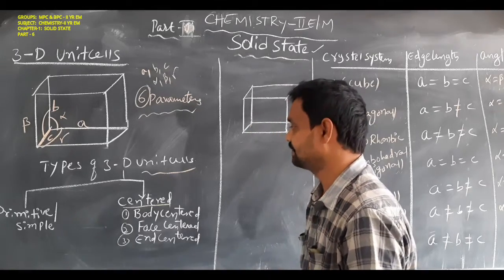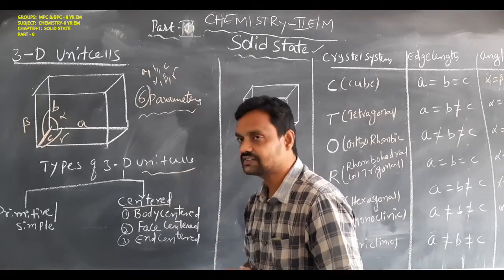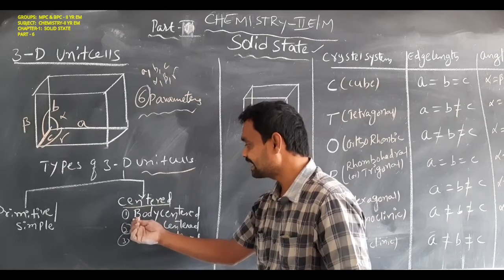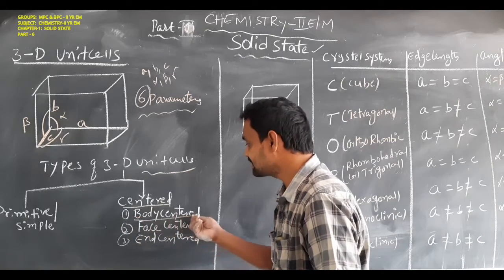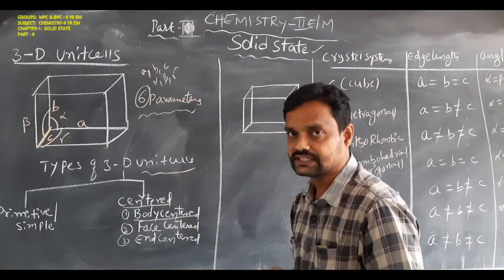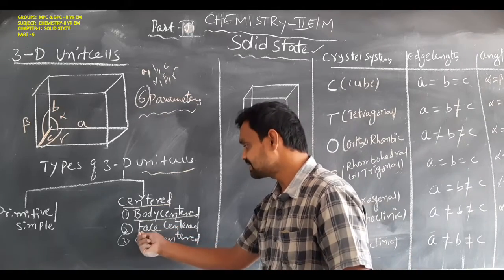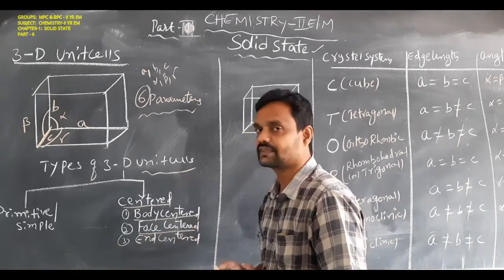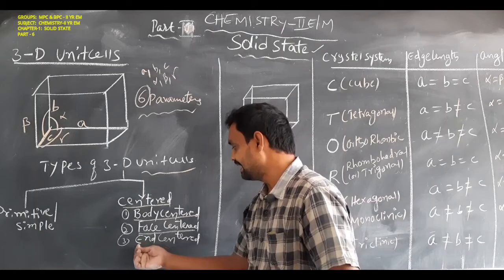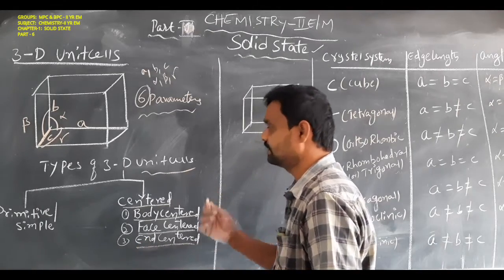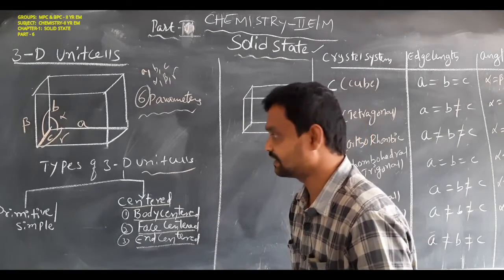In the centered unit cell, again there are three types: body centered unit cell, face centered unit cell, and end centered unit cell. Okay, clear?